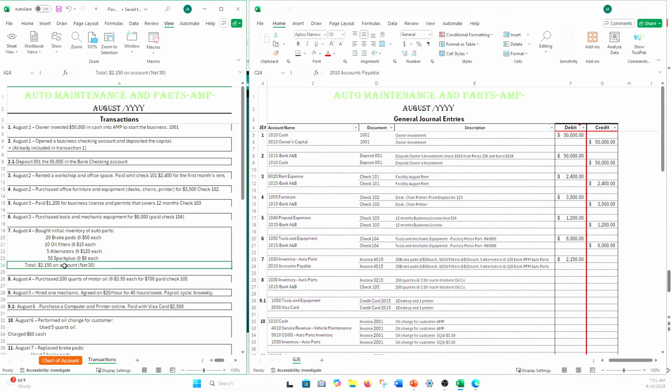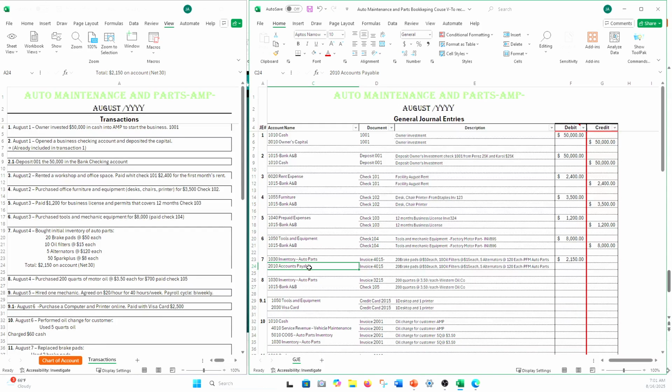When they say on account net 30, that means that we don't have to pay right away at the time that we receive the inventory or the parts. We have 30 days to pay. To recognize that liability, we use the accounts payable account. So we have to put it in accounts payable, and remember the liabilities increase with credits. So we are going to increase our liability right now by 2,150.